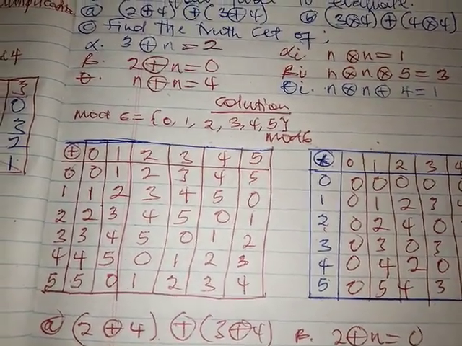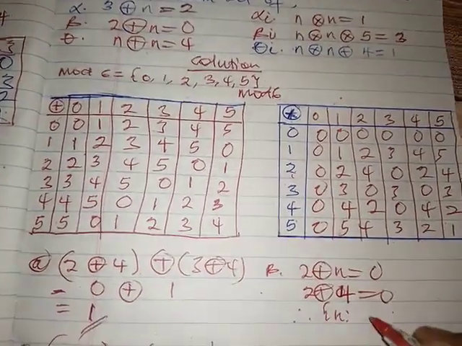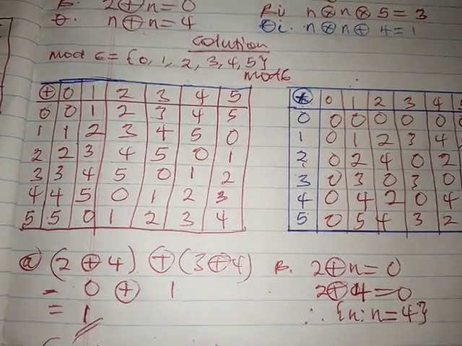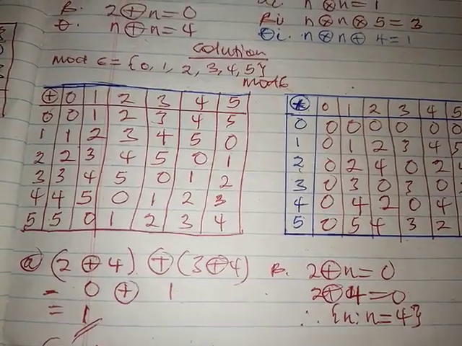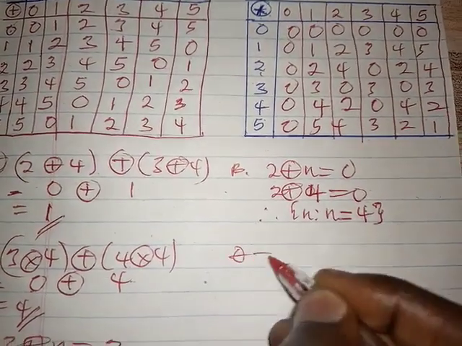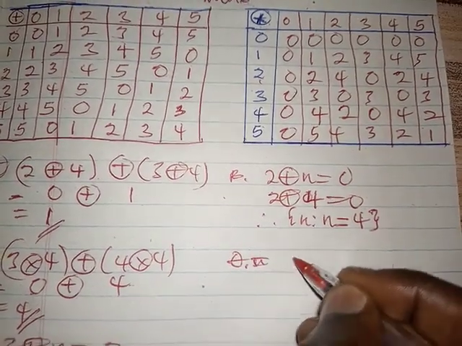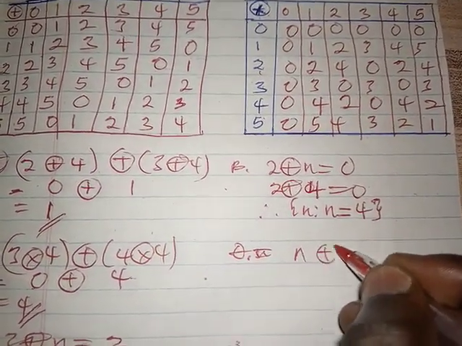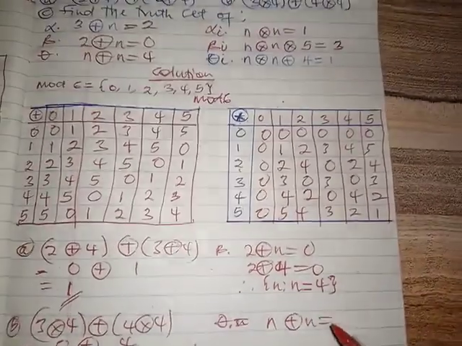So therefore, n is such that n is equal to 4. The next question is theta. Theta is saying that n plus n is giving you 4.